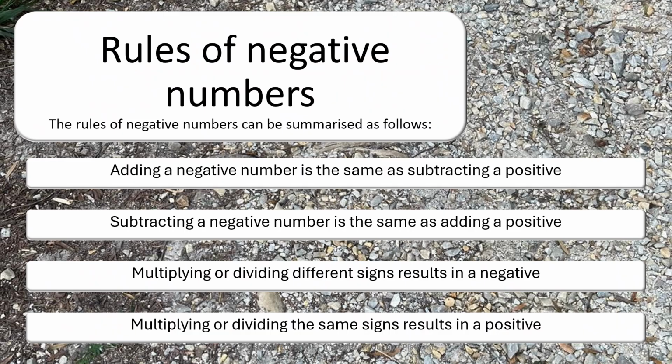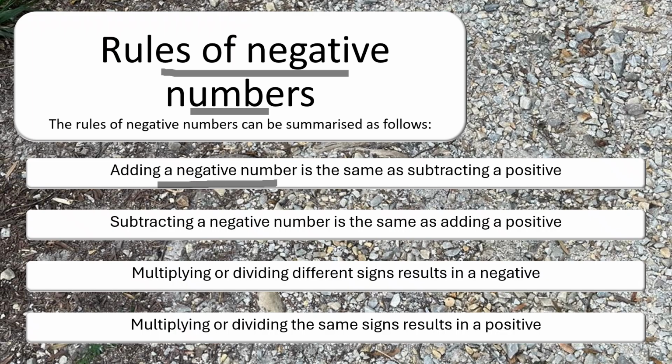Some more revision from your earlier maths days, and you might need to be reminded of these maths rules. They are known as rules of negative numbers. They simply mean adding a negative number.